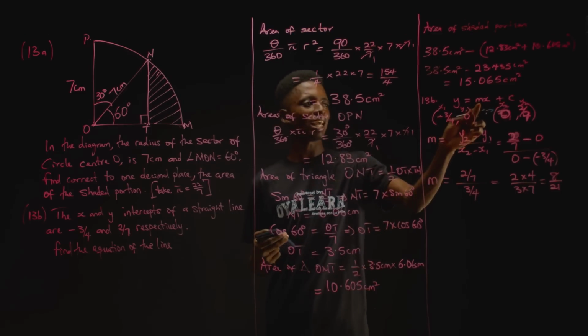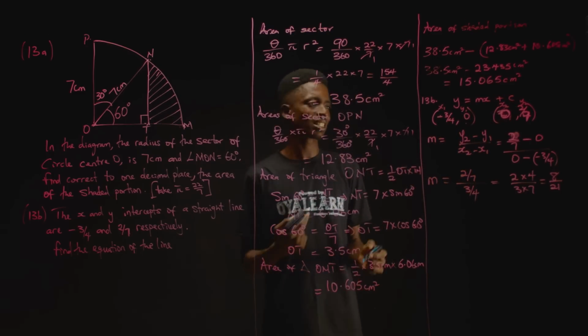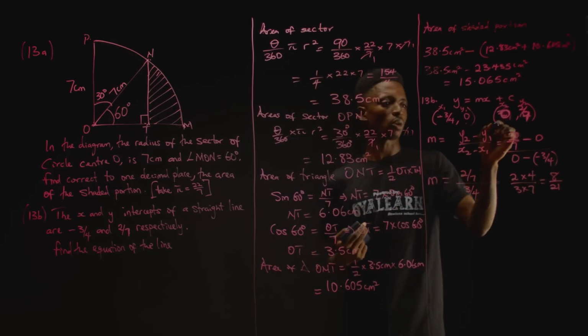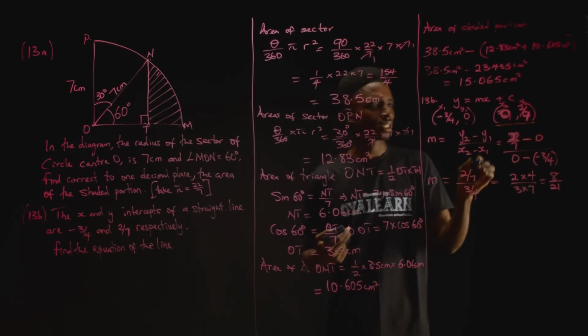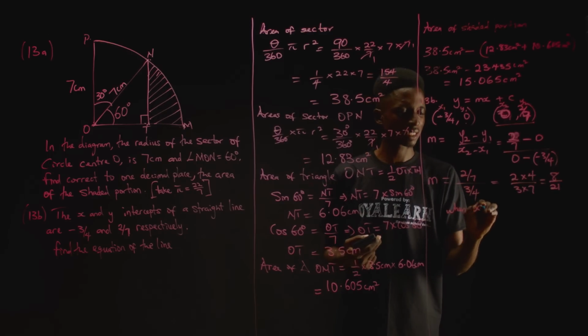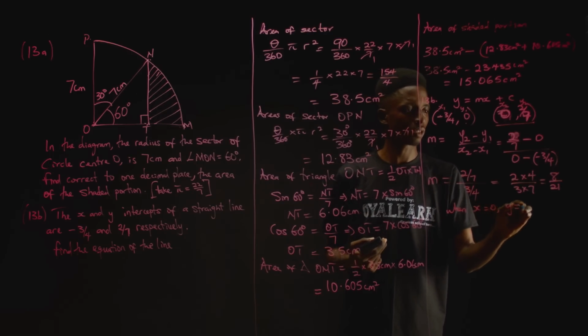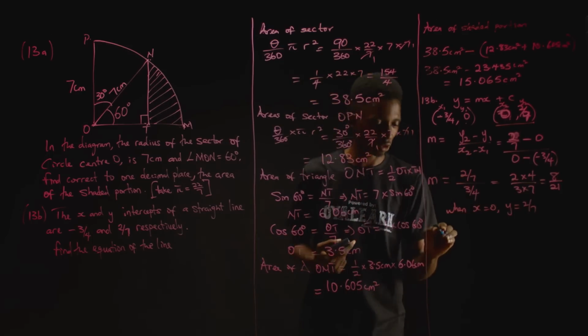So now that we've gotten m, let's get our c. In order to get the value of c, we're going to apply this, right? That is, when x equals 0 and y equals 2/7, we can use that to get the value of c.